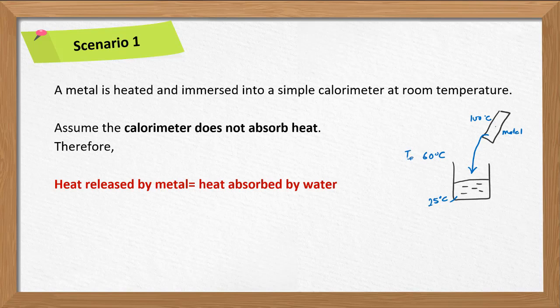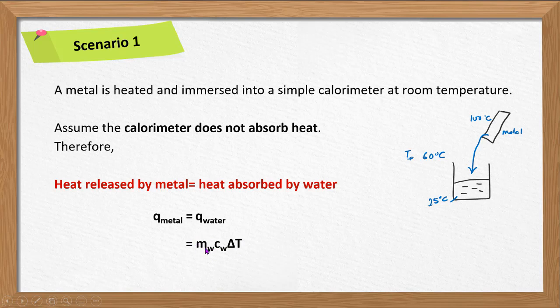So the heat is transferred from the metal into the water. In this case, you need to identify your formula. So Q metal equals Q water, and for the heat absorbed by water, we have mC delta T. For this abbreviation, W refers to the water.